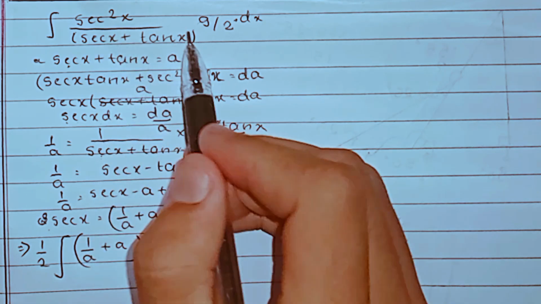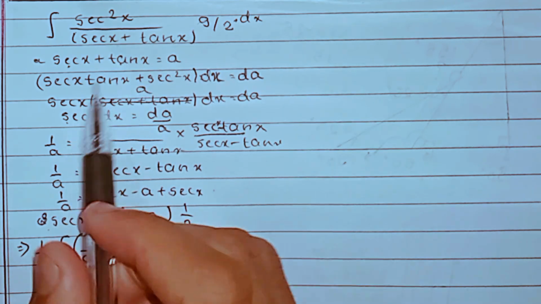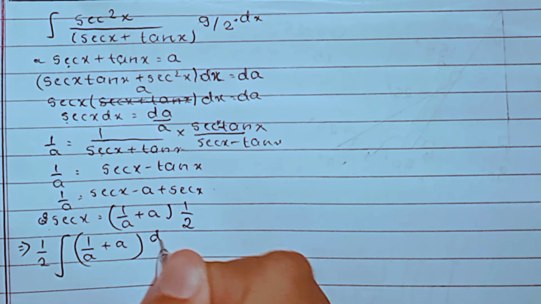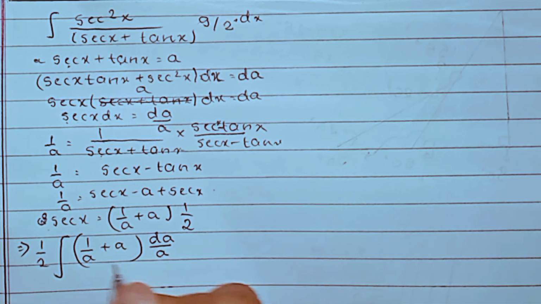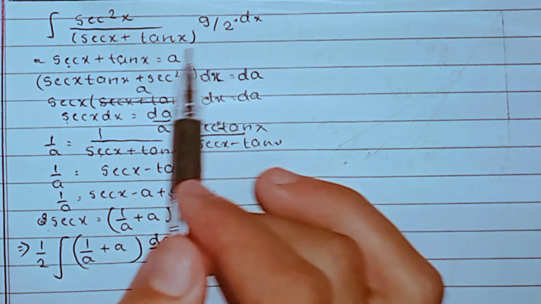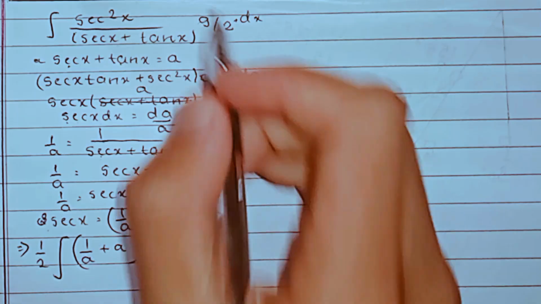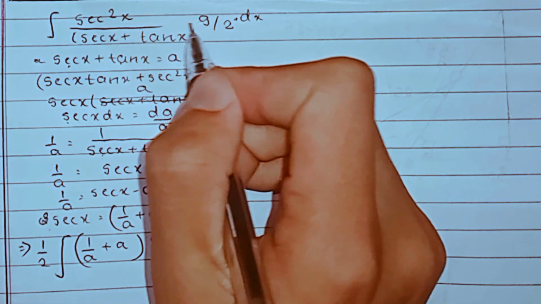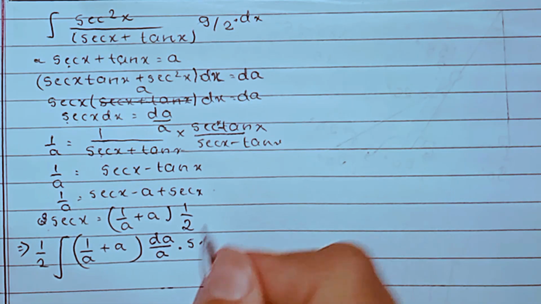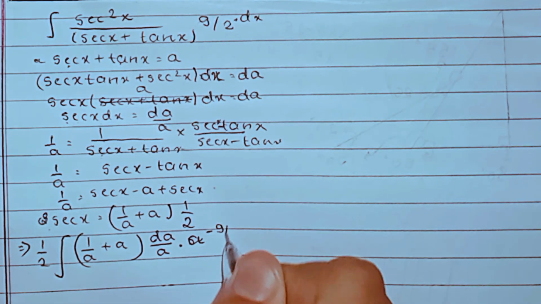And for the other sec x dx we'll write dA by A. Now the (sec x + tan x) to the power 9 by 2 is kept downward, so let's bring it up and make the sign of the exponent negative. Sec x + tan x is equal to A, so A to the power minus 9 by 2.